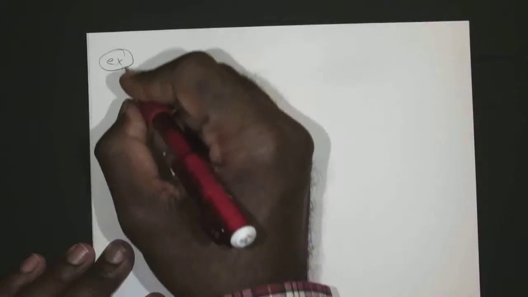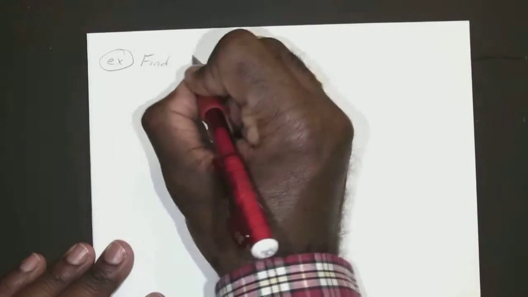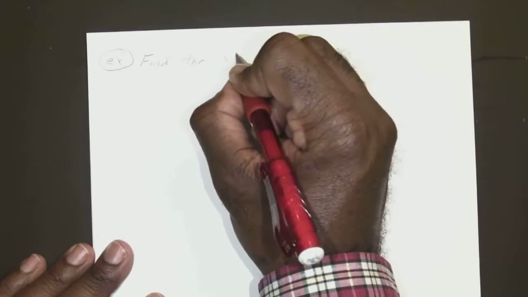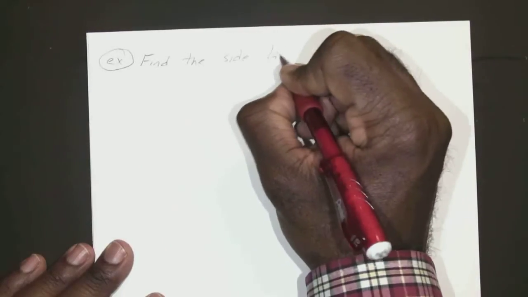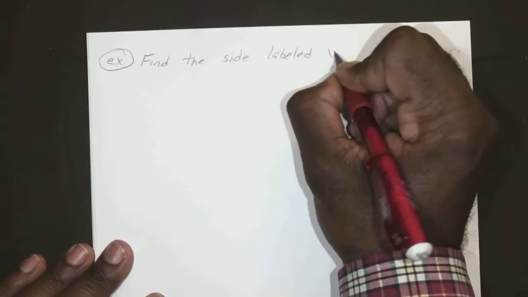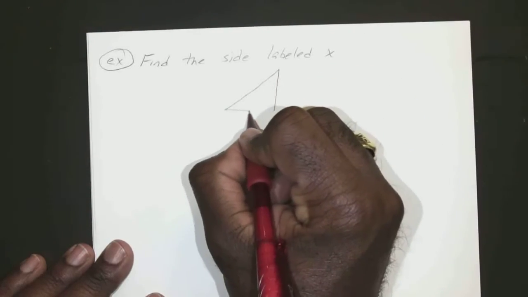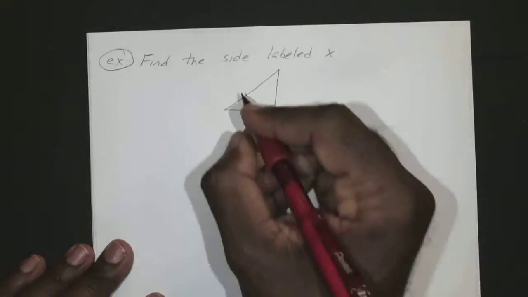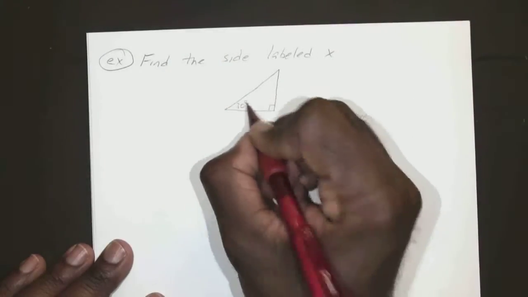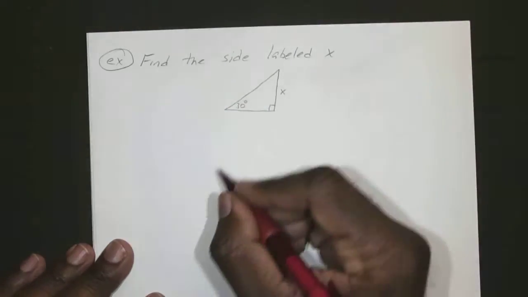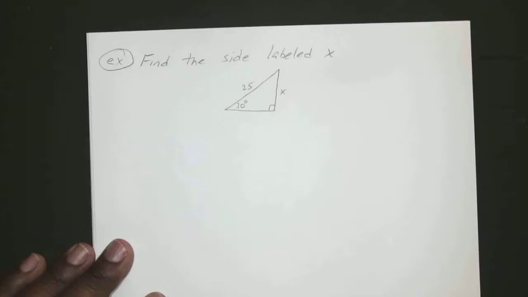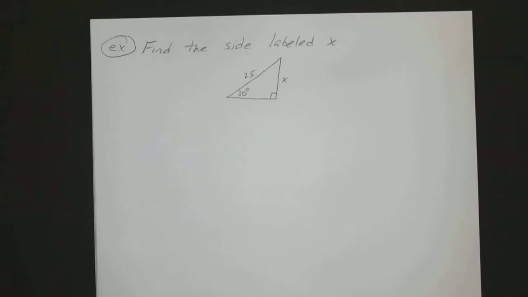Okay, so let's say you want to find the side labeled X. And they give us the right angle, they give us 30 degrees, X, and 25 for our hypotenuse.